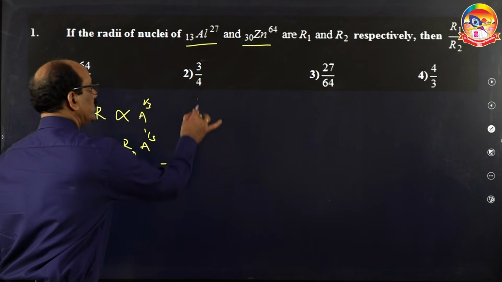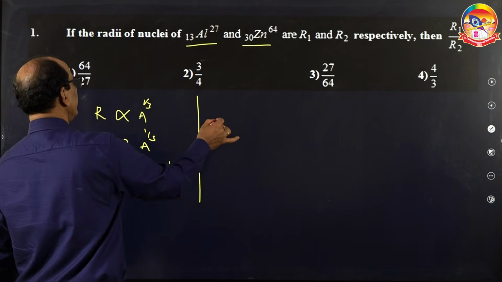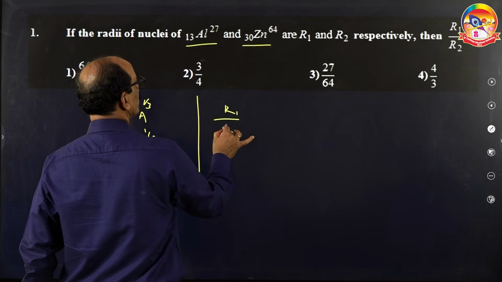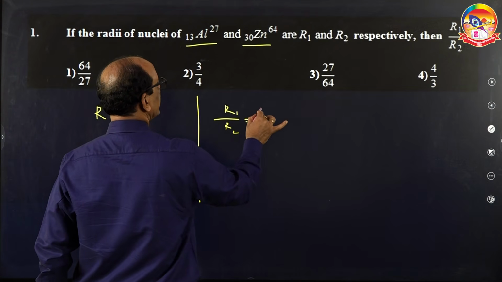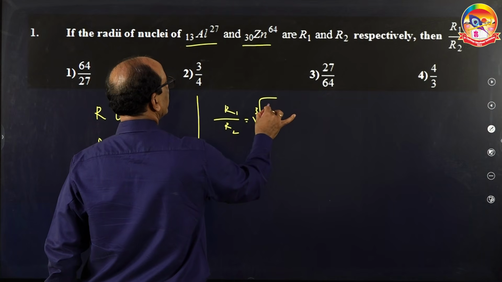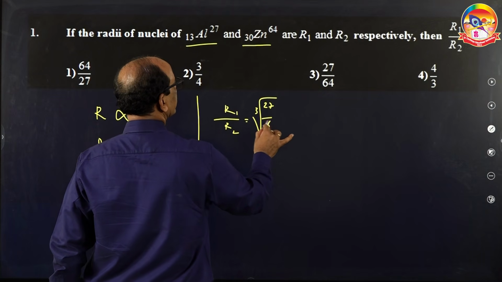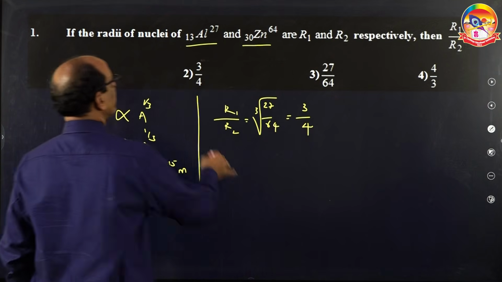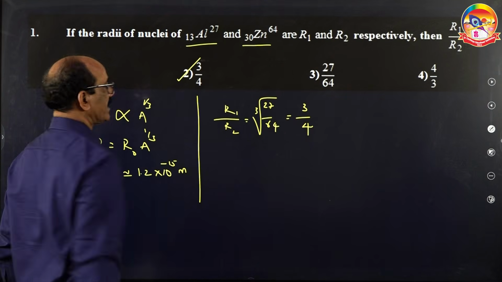So our task is to compare the radii of the two nuclei with the mass numbers 27 and 64. So R1 by R2 is the cube root of 27 by 64, that happens to be 3 by 4. So the second option is correct.